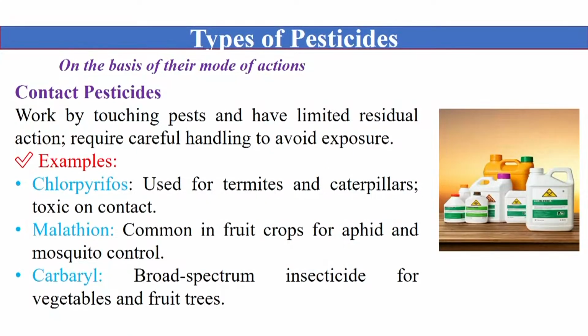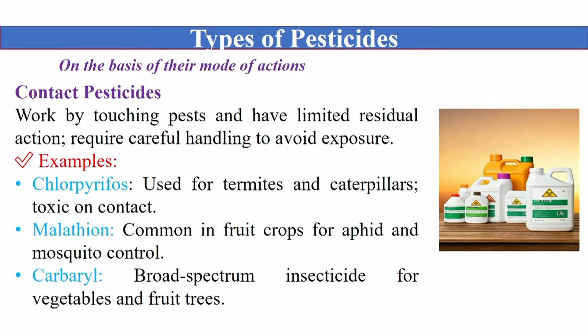Dear learners, now the types of pesticides, on the basis of their mode of action. First are contact pesticides, which work by touching the pests. They have limited residual action, and they require careful handling to avoid exposure.